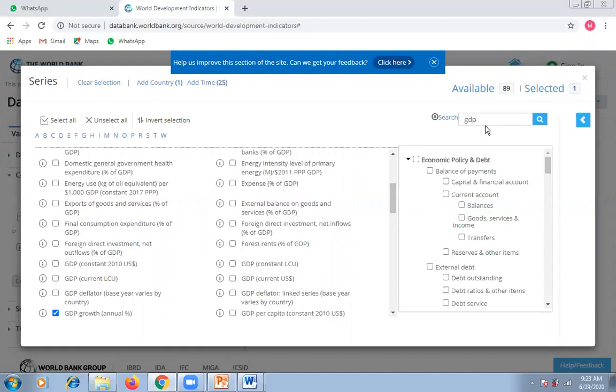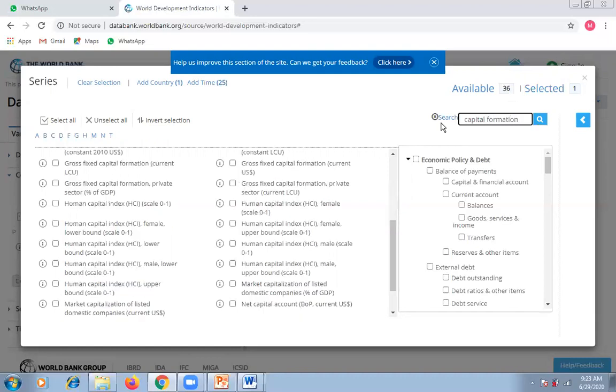Now the second variable is capital, physical capital formation. Gross fixed capital formation is here. Which one do you have to take?